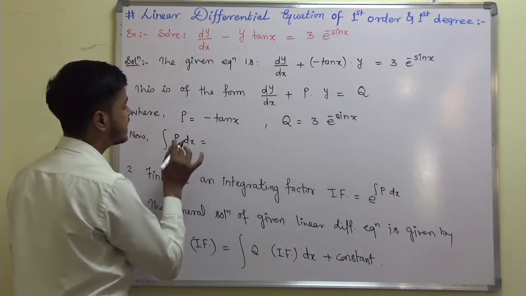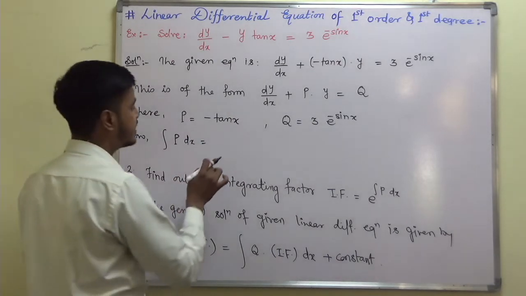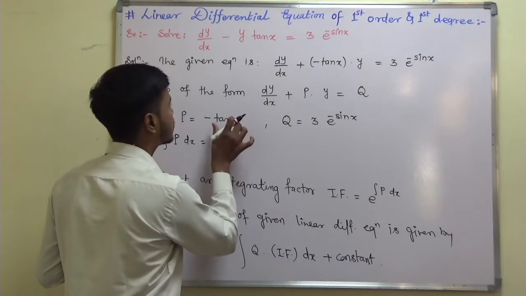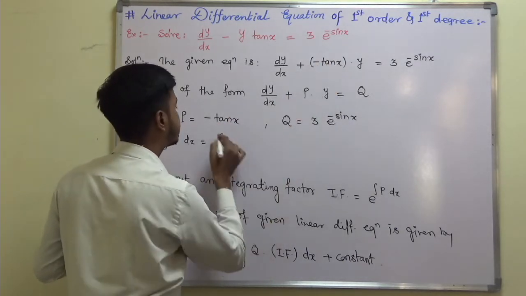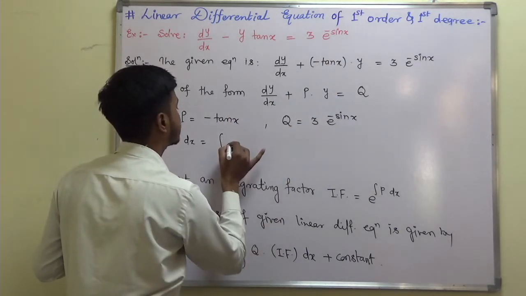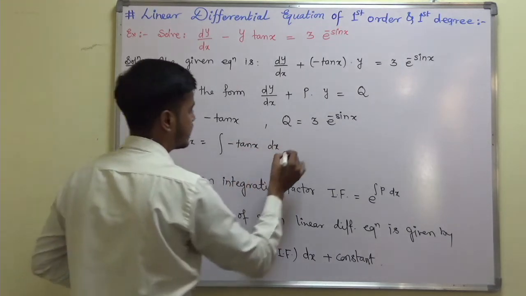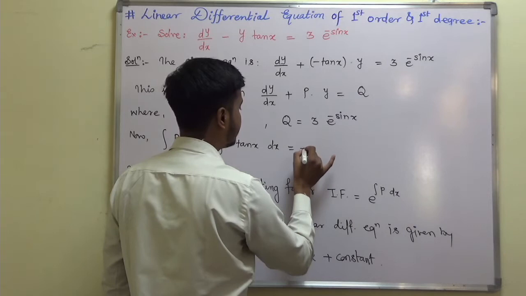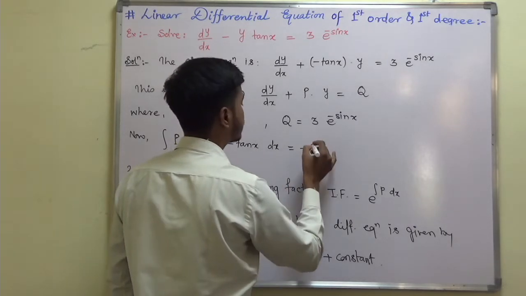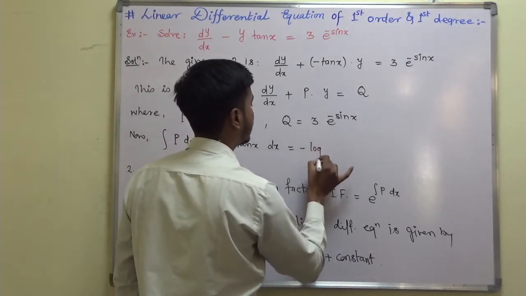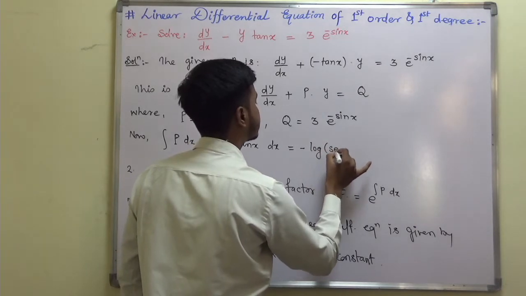Integration of p dx is integration of minus tan x dx. So this is minus outside. Integration of tan x is log of sec x.